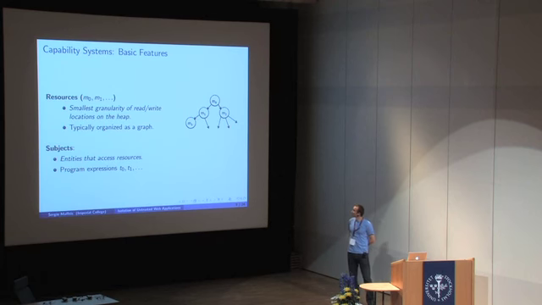So essentially, we look in the heap whether one can read or write a location. Normally, these resources are organized as graphs, and so if a resource in memory contains a record addressing other resources, then in the graph we will have edges going from the record to the other resources. The subjects are the pieces of a program that may manipulate resources, address them, and read or write them.